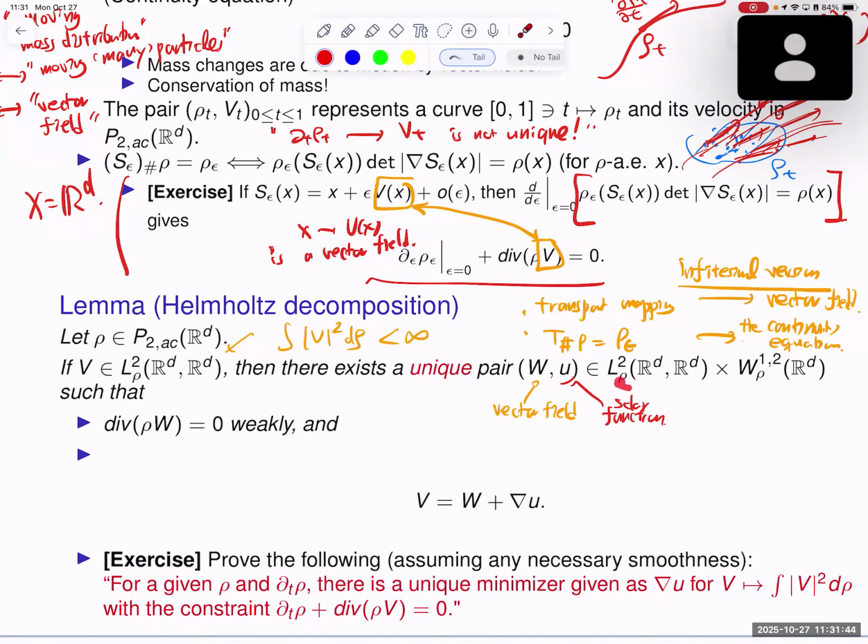With a certain kind of smoothness. So W is just an L2 vector field, and u is something you can differentiate.